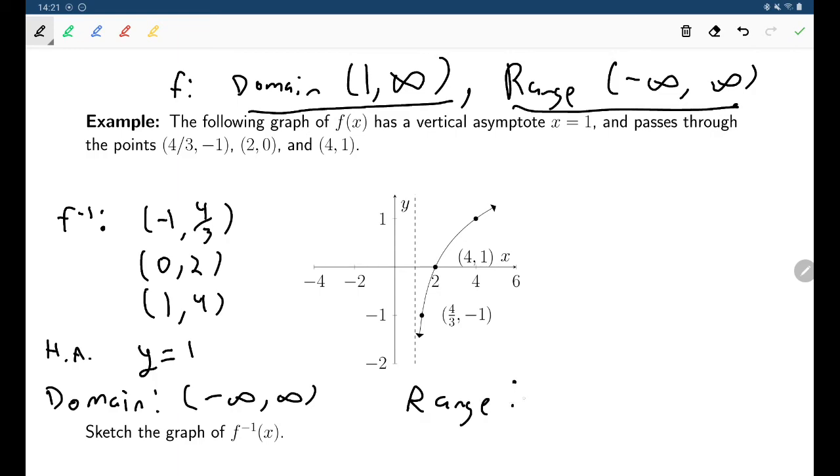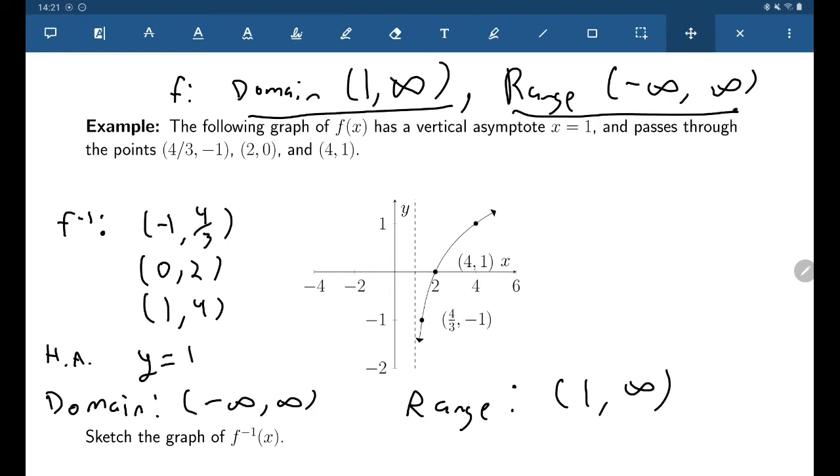So f inverse should have a domain of all real numbers, and it should have a range of 1 to infinity, of just numbers that are larger than 1. So I've got all the information that I need now. I have my 3 points, I know that it's going to have a horizontal asymptote, and I know what I'm expecting for its domain. So now let's plot that.